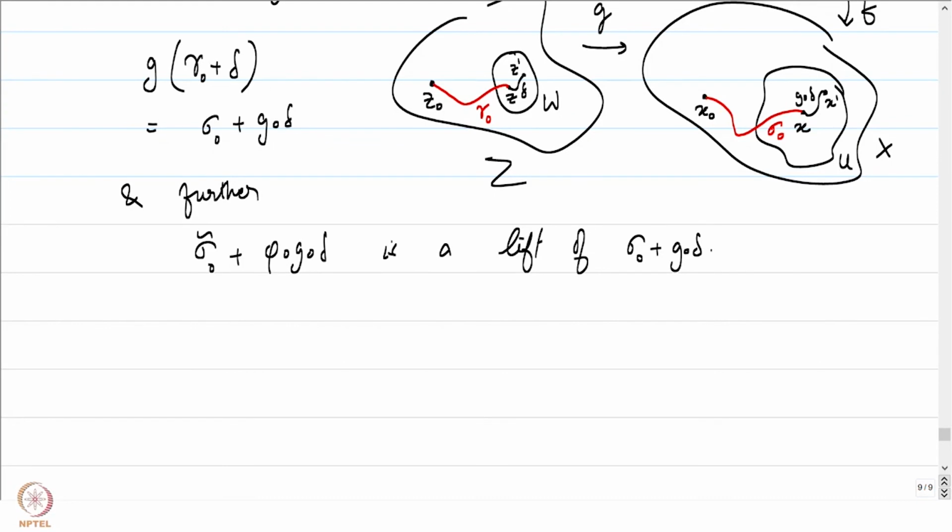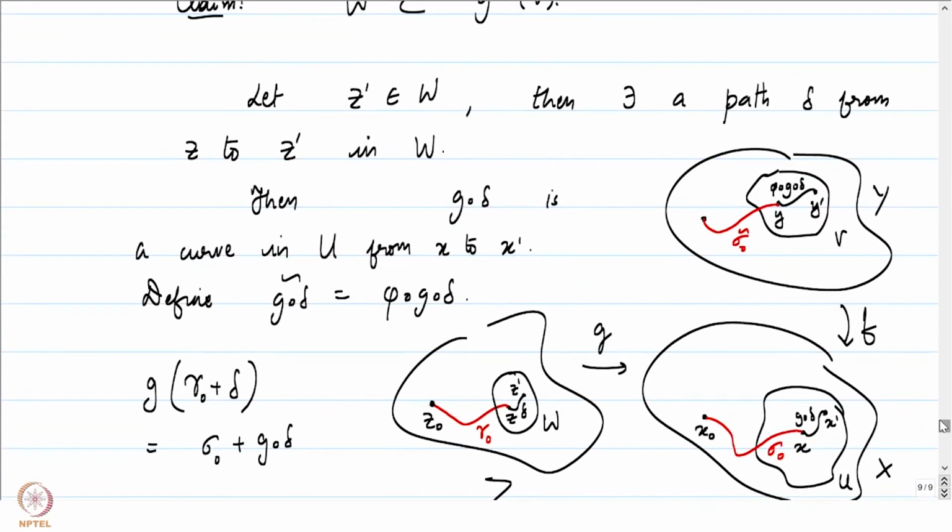And notice that this is now a path from the point y0 to the point y prime.